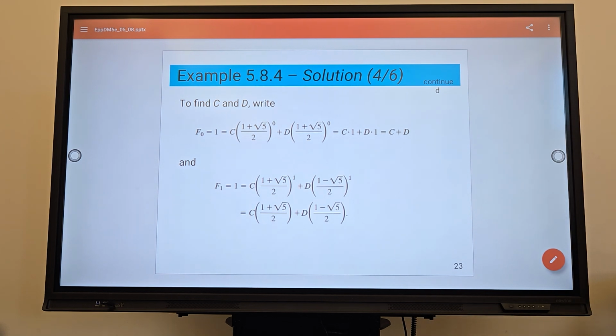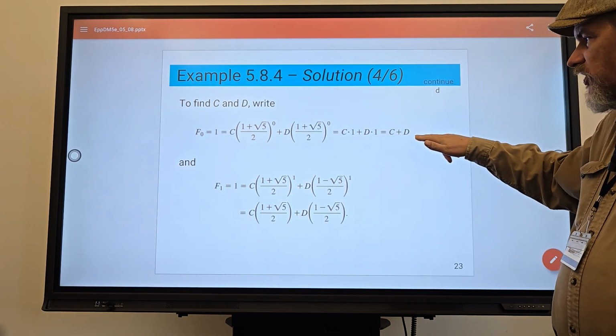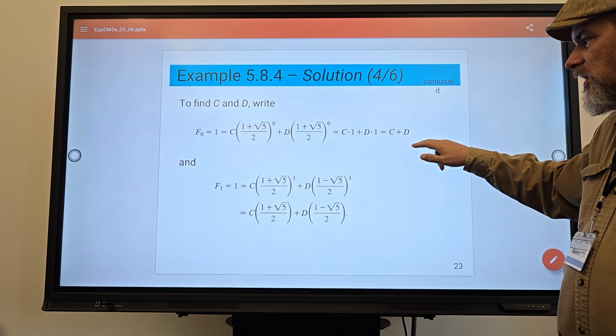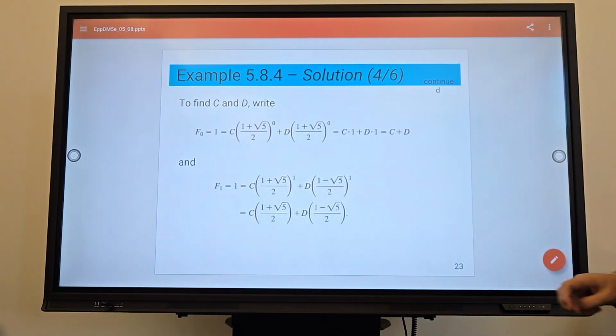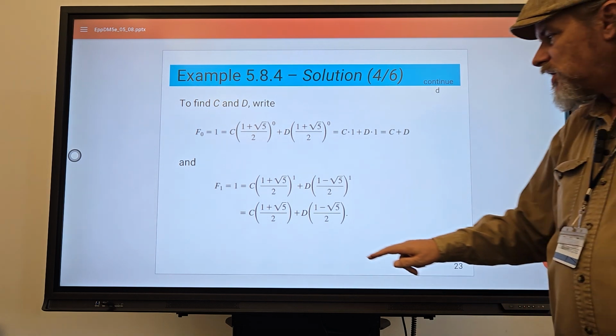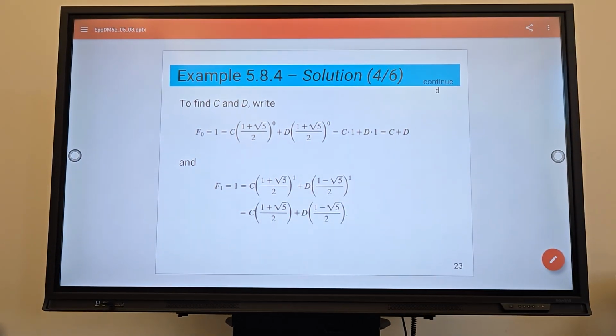So, some sticky math. Lots of symbols and mouthfuls and all that sort of stuff. Basically, f sub 0 equals c plus d, and f sub 1 equals c and d times the two roots that we found earlier.